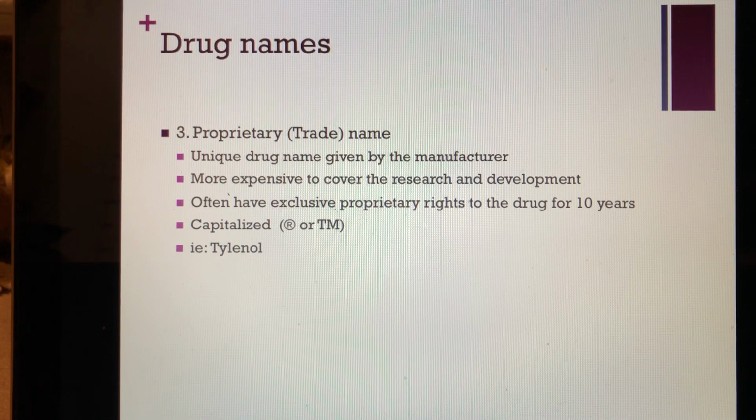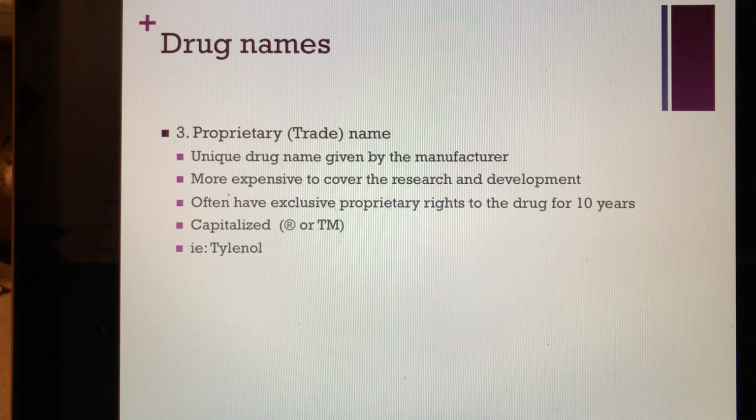Those things all cost a lot of money. So that's why we have these exclusive proprietary rights for 10 years: that company can mark up the price and recoup some of those costs.